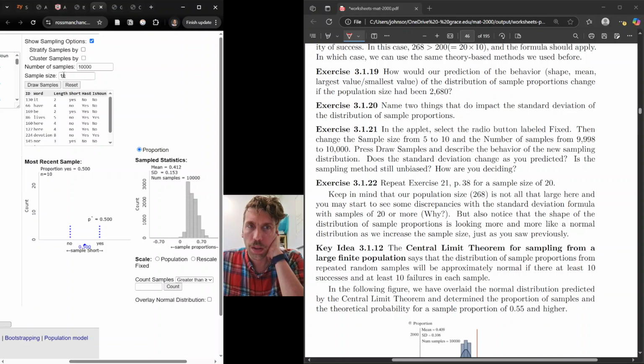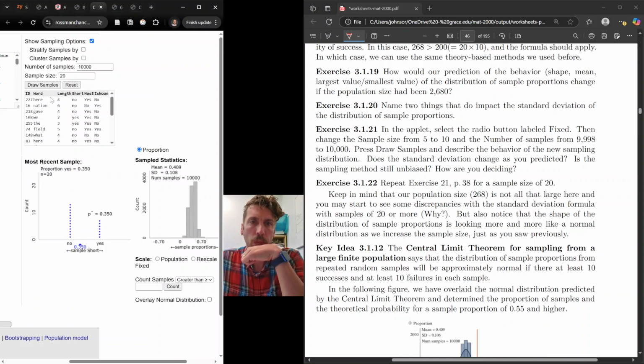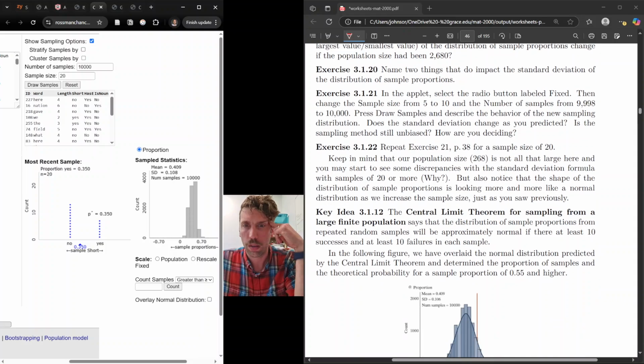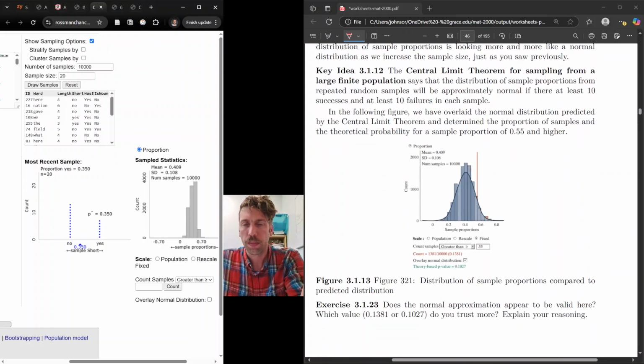Okay. So then 20. So then the central limit theorem is basically saying, and we're seeing this again, that as your samples get larger, there's less standard deviation in the sampling distribution.